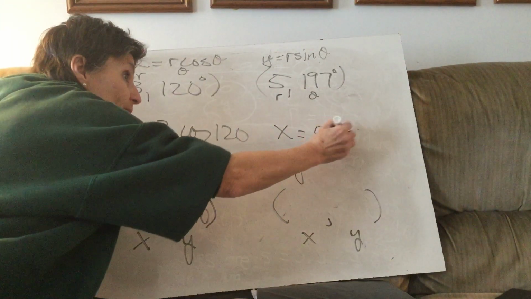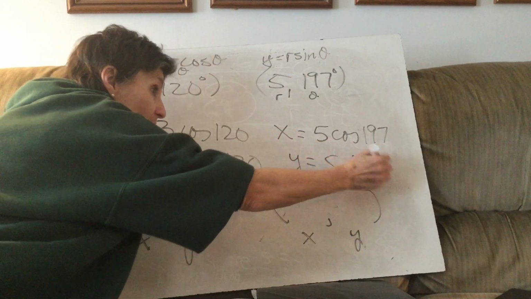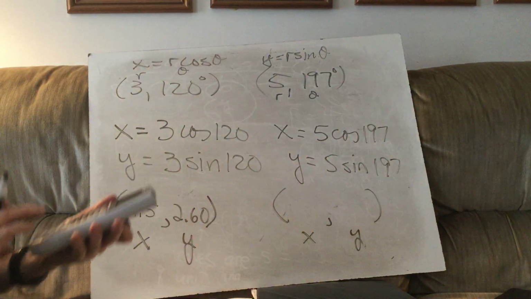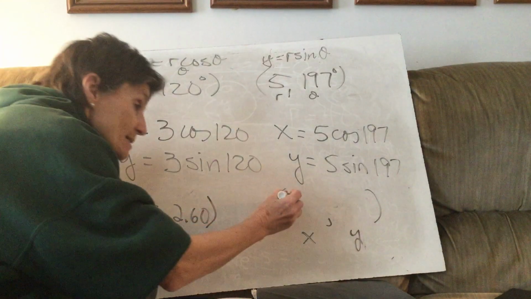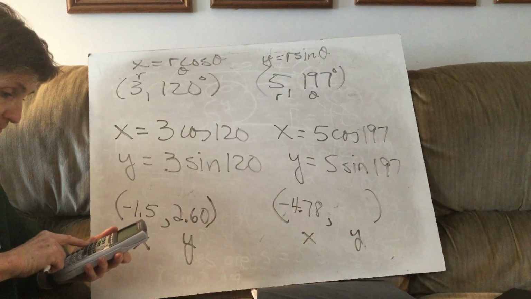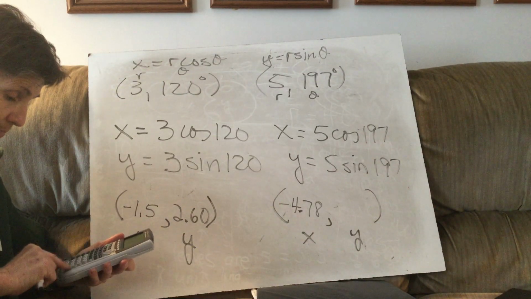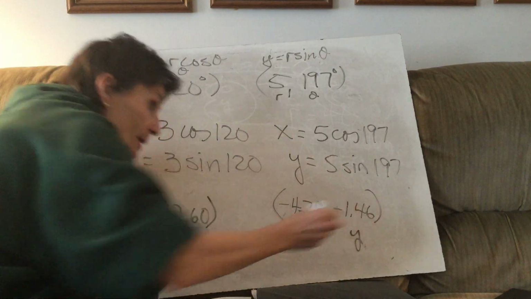So 5 cosine 197, 5 sine 197. Negative 4.78 is my x. And negative 1.46 is my y.